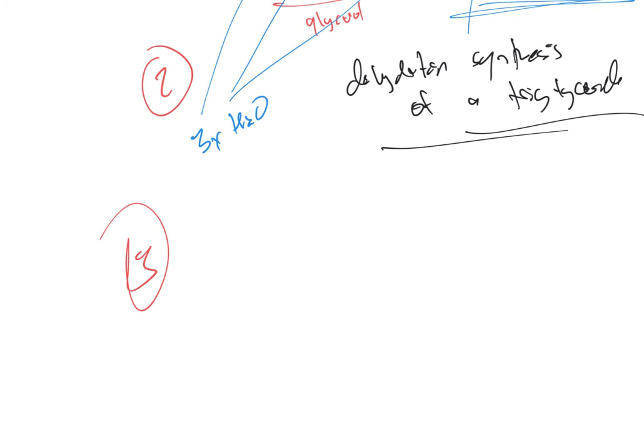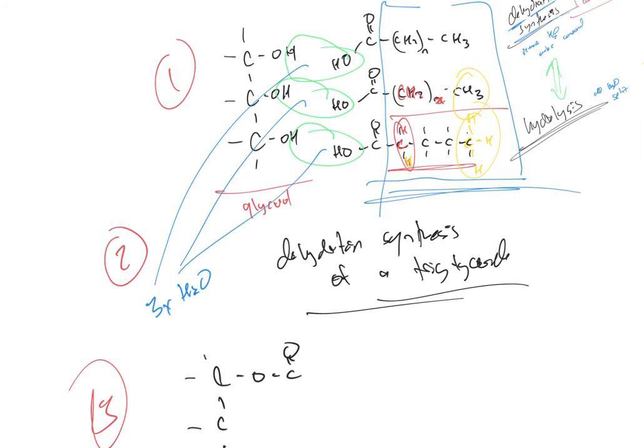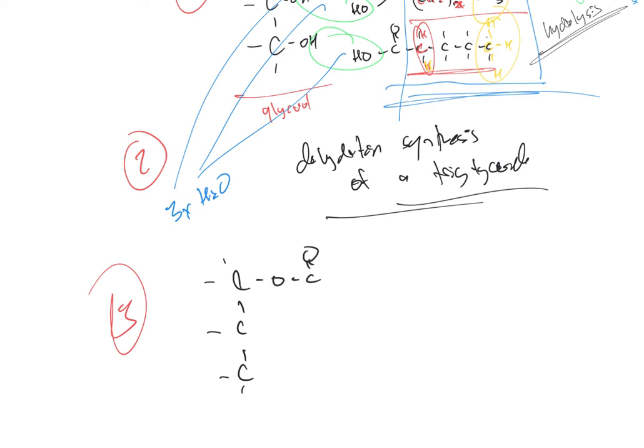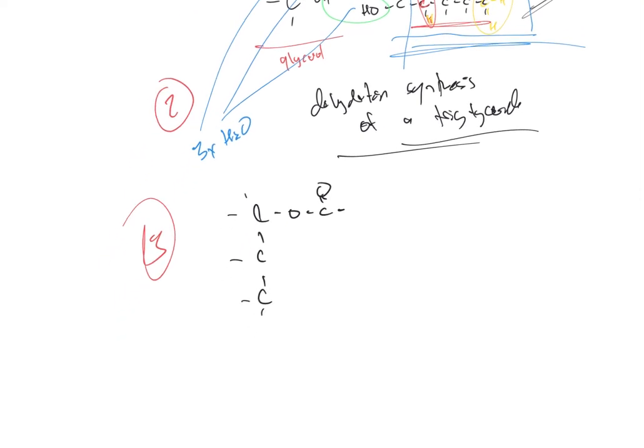So starting with my glycerol, O, C, double bond O. Remember, only that original O is left. Right? This is gone. And I'm just going to draw it out.